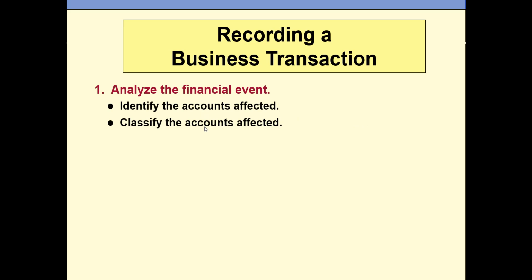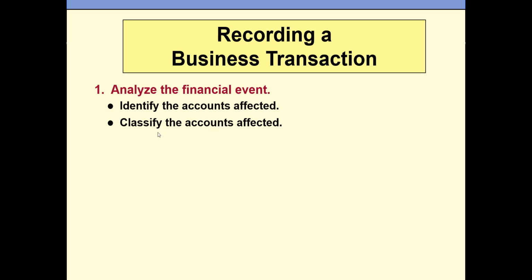The next step is to classify the accounts. We said we had cash and computer equipment. Cash is an asset, and so is equipment, because remember, assets are things you own. So both of those are assets.